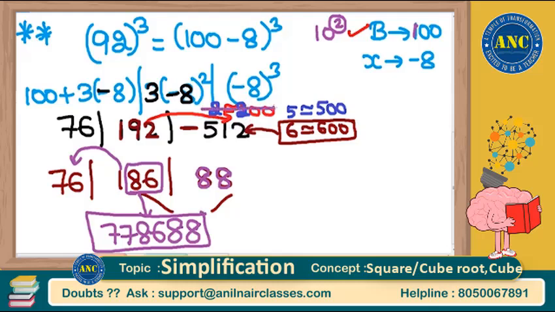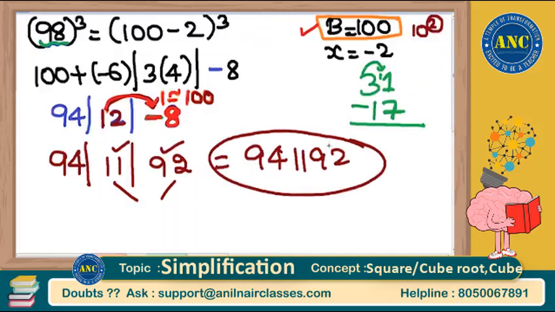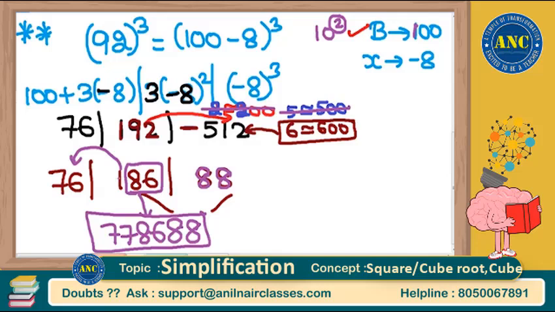A beautiful question which illustrates the fact that the borrow need not be 1 always. It need not be 2 always. It need not be 5 always. It depends until and unless I make my friend a positive person. And it also illustrates that, in our previous to previous question, we added some extra zeros so that I will get k digits in the last two places. Here I have extra than k, so I am carry forwarding.